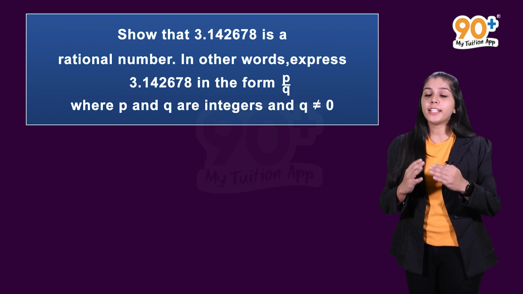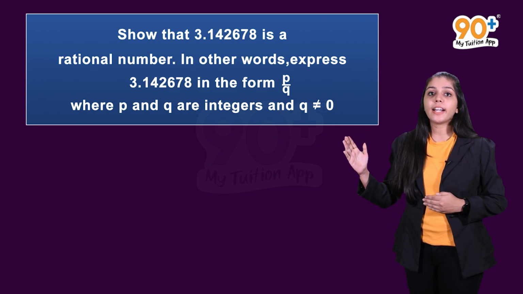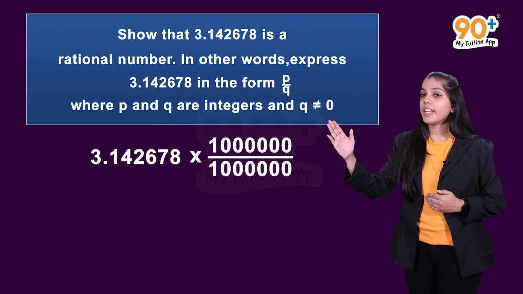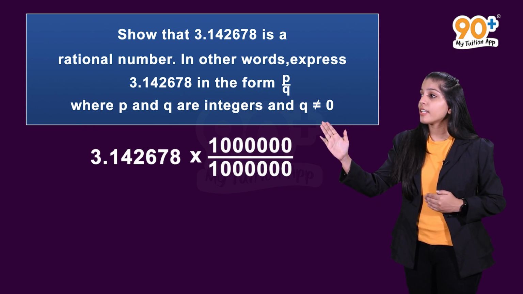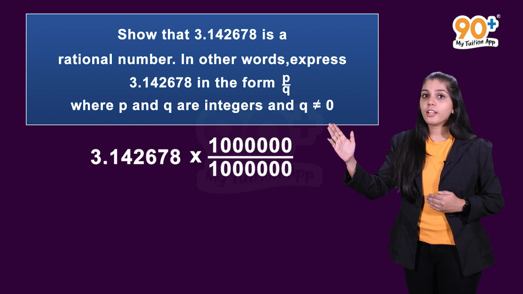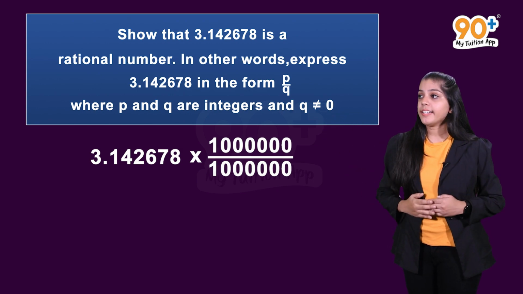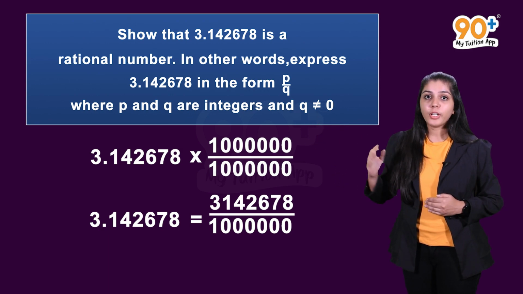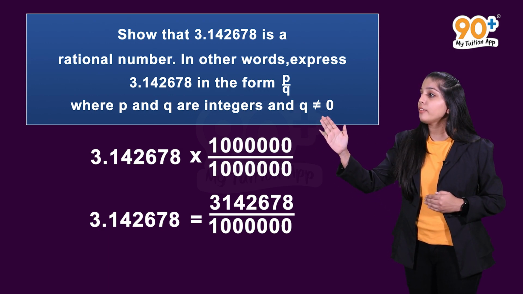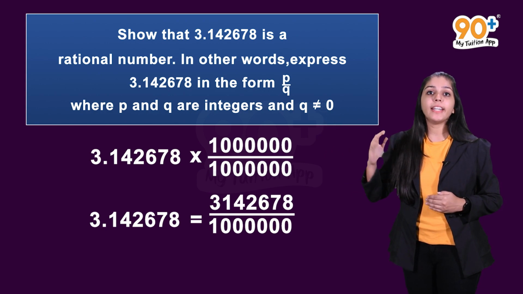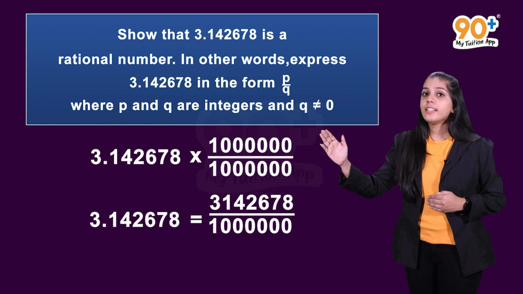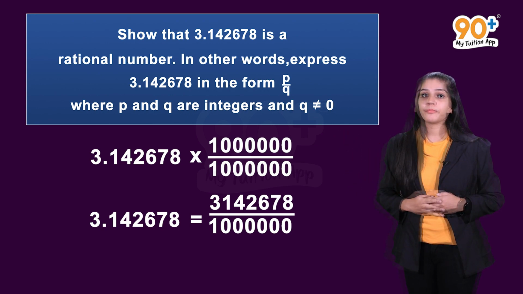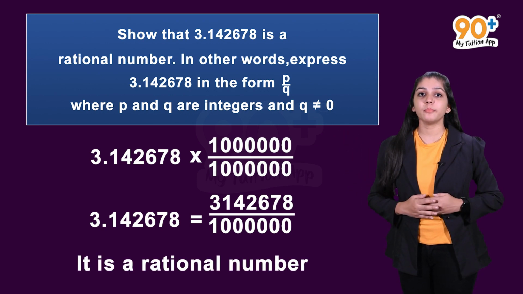So, let's multiply both numerator and denominator of 3.142678 by 1000000. So, we get 3.142678 is equal to 3142678 divided by 1000000, which is a rational number.